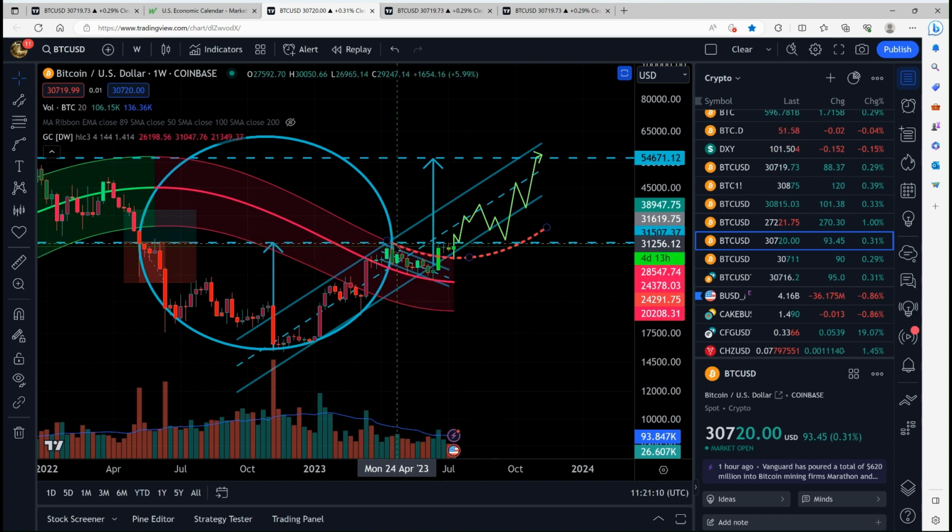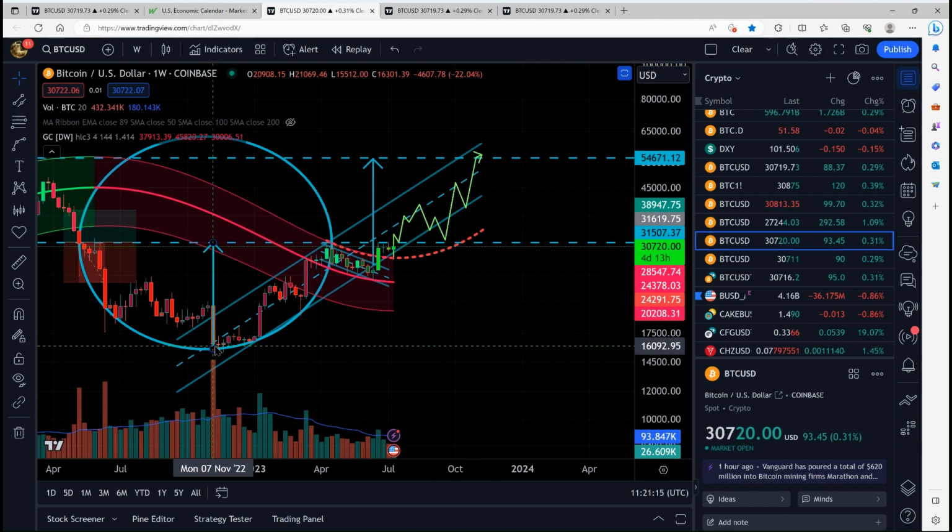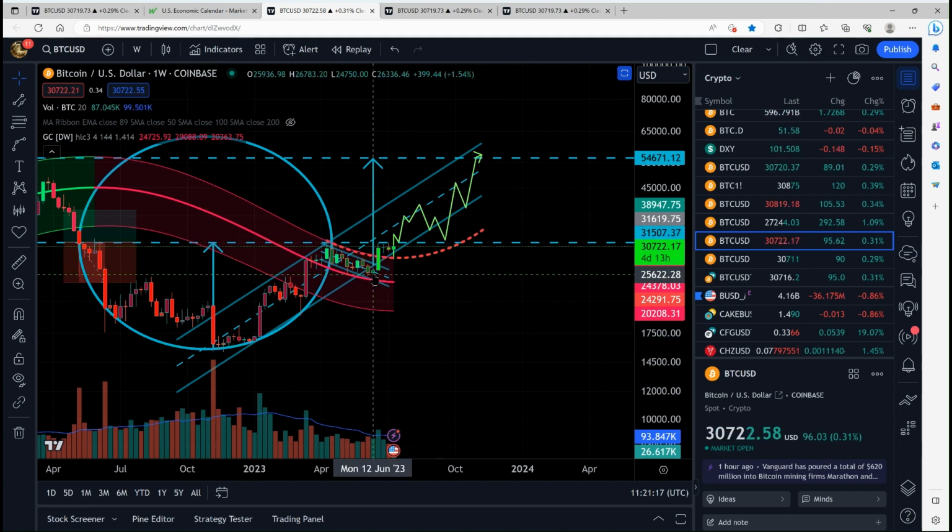Here's our handle right here, and the breakout target from that is this measured distance from the breakout of the handle, which we did right here, and I'm looking for a continuation of that over the course of the next few months. And that target is up here around almost $55,000.